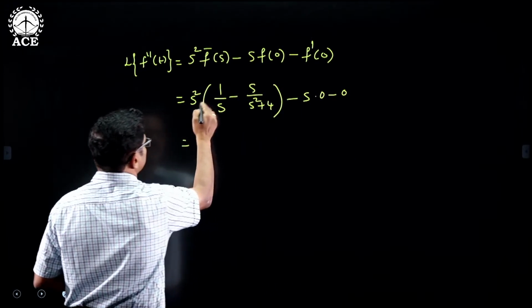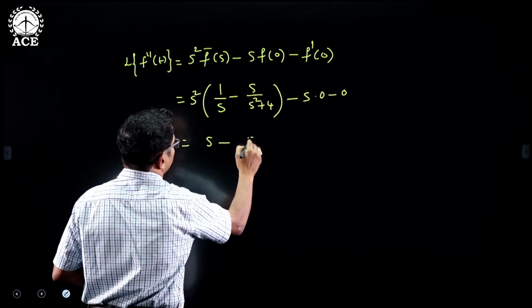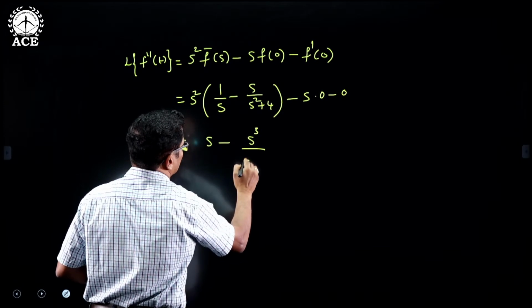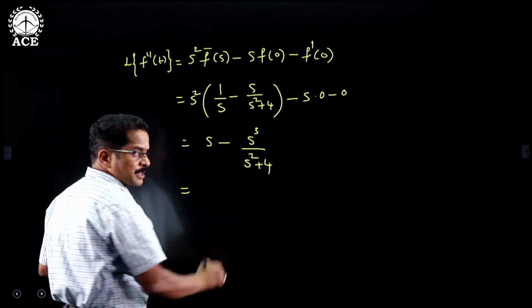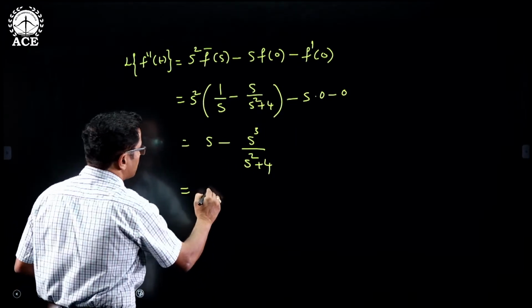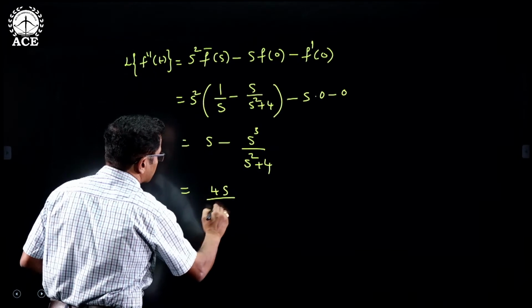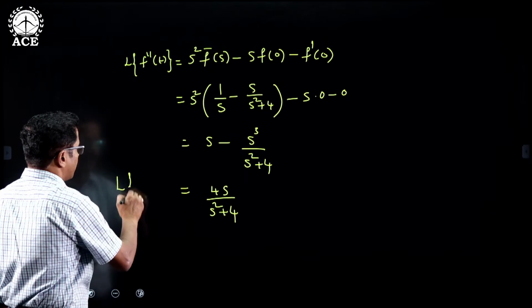So on multiplication, s square into 1 by s is s, s square into s is s cube by s square plus 4. On simplification, s into s square plus 4 is s cube plus 4s minus s cube, which is 4s by s square plus 4. This is L of f double dash of t.